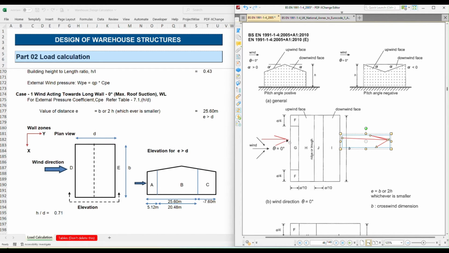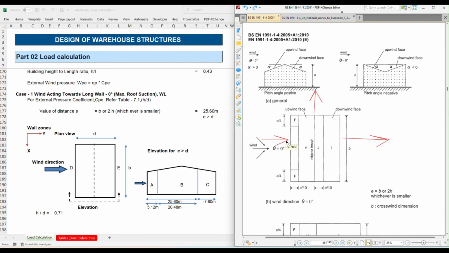Acting towards the face is called positive or active pressure, and on this side the same suction pressure will occur, and also on this side. So this is the first case. If the wind acts at 0 degree, all the other directions will be in a pulling direction, that is suction, and only the wind-acting face alone is subject to active pressure.